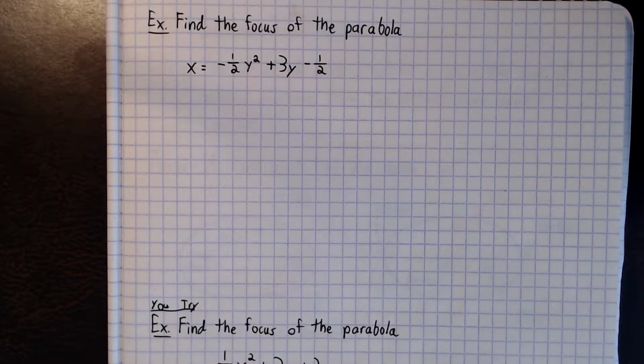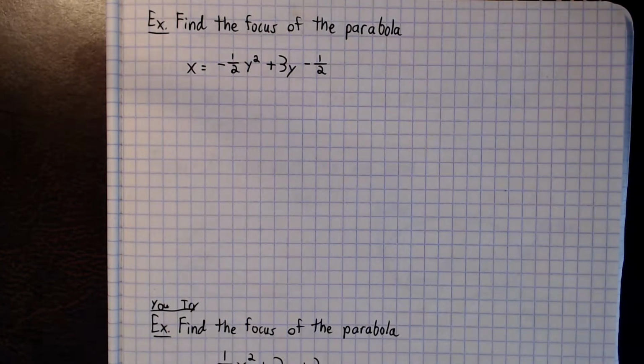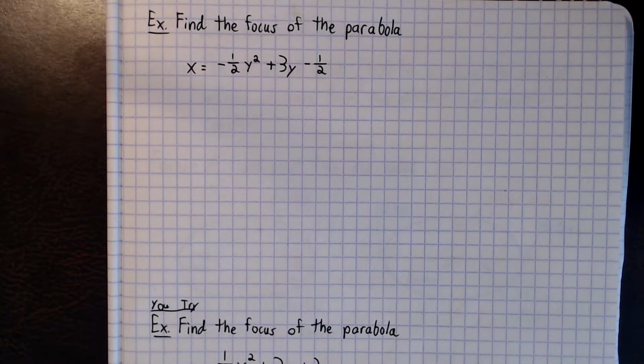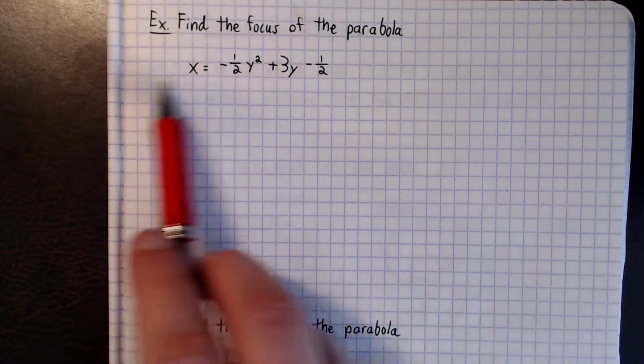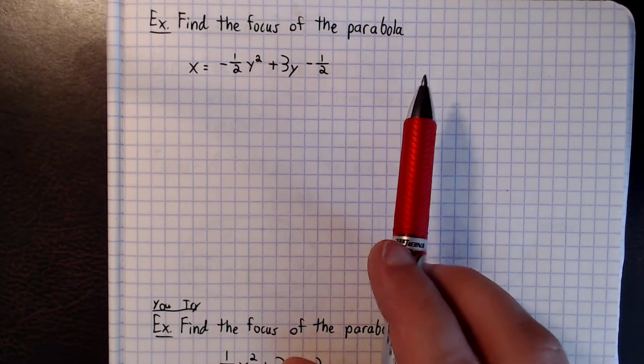They give us x equals -1/2 y squared plus 3y minus 1/2. Alright, fractions. Yeah, everybody hates fractions, right? Not Mr. Marchetti. I know what to do with them. Right, what I'm going to do is multiply everything in this problem by -2. Why would I do that?